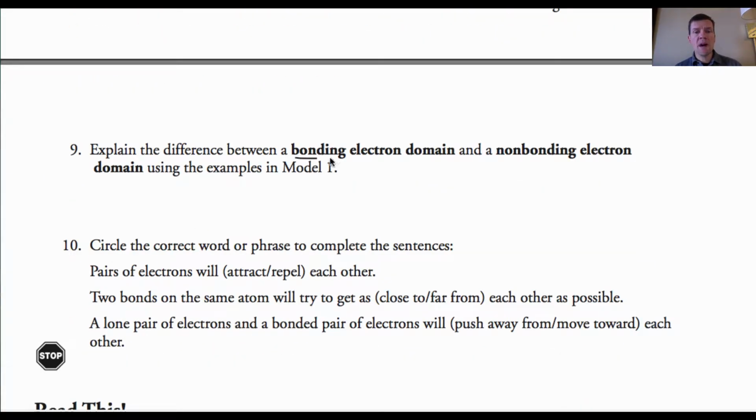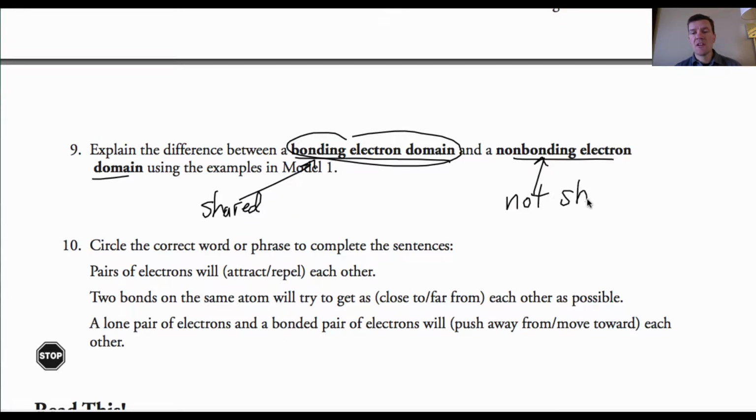Explain the difference between a bonding electron domain and a non-bonding electron domain using examples in Model 1. A bonding electron domain, these would be ones that are shared. Non-bonding, these are not shared.